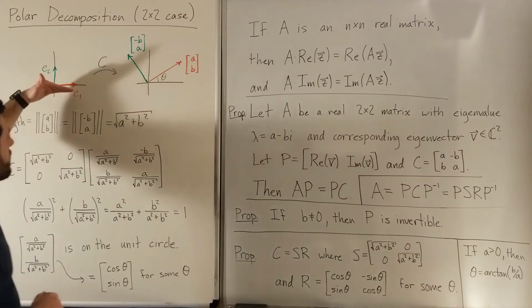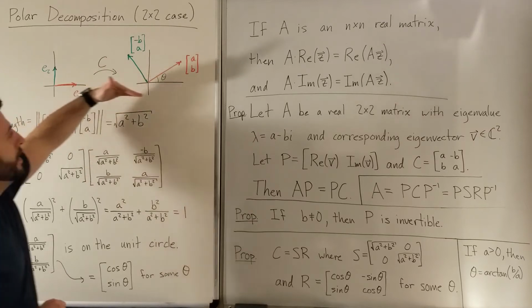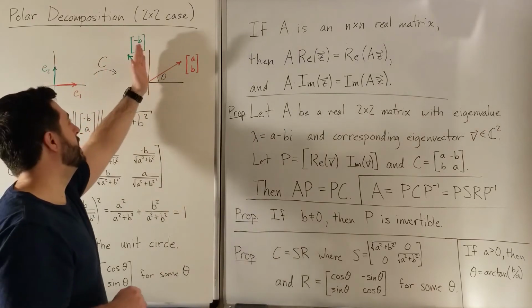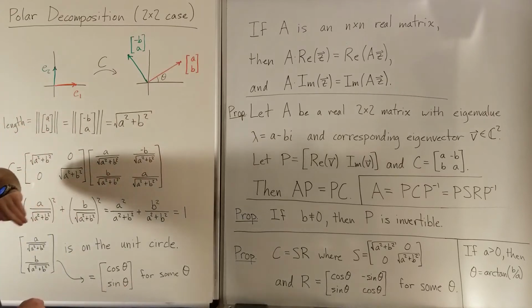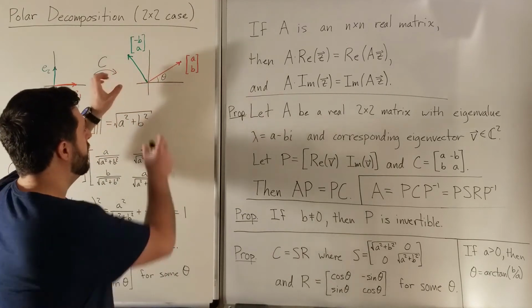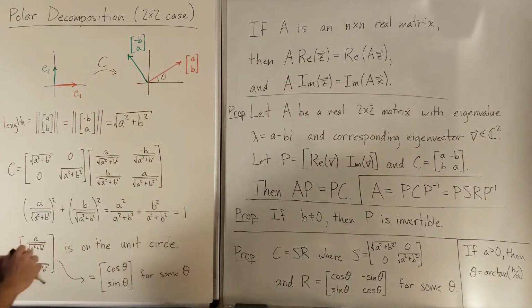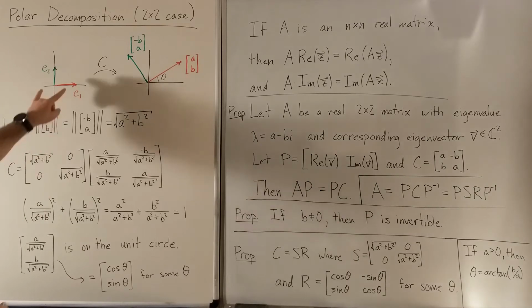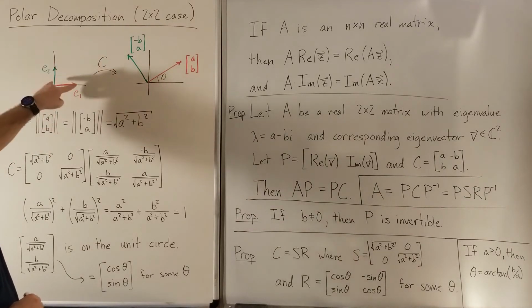So I'm going to think about this red e1 rotating up and this green e2 rotating the same amount over. And then each of these are getting stretched by the same factor, which is the square root of A squared plus B squared.